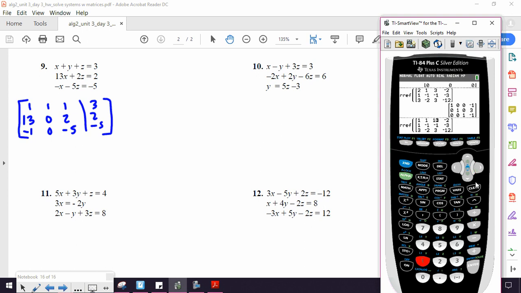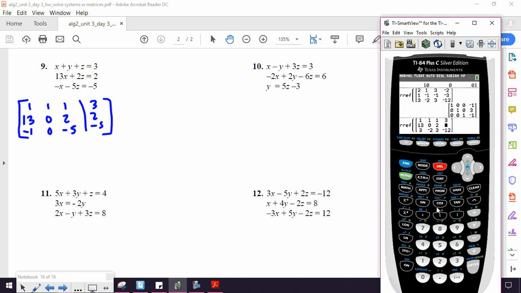And 1, delete the negative, and type 3. We need a 13 here. We need to delete the negative and put 0. Delete the negative and put 2.